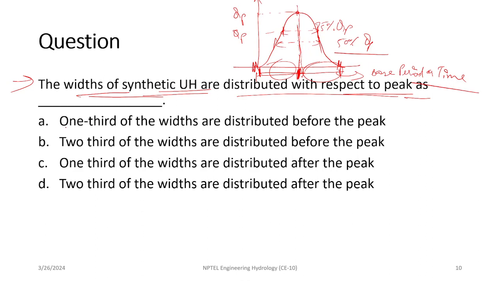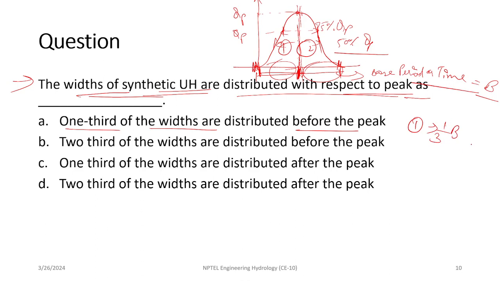So the options you can see: 1/3 of the width is distributed before the peak. If I assume the base period is written as B, this is first, this is second. So first it is saying that this entire width from the symmetrical line which I have plotted in between, that is the ordinate of the peak, from that point to the origin, will be 1/3 of the width distributed before the peak.